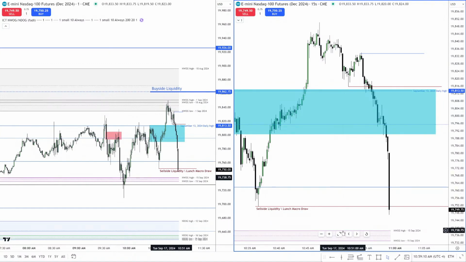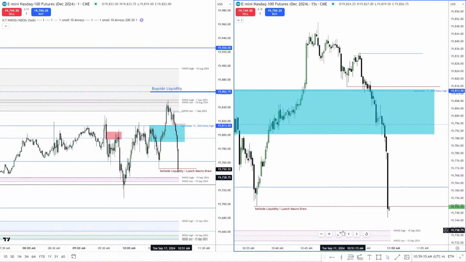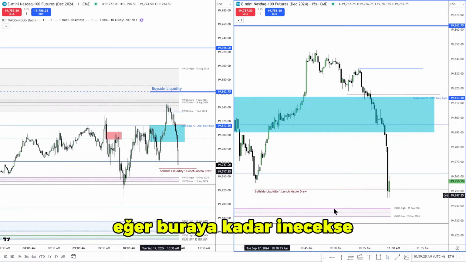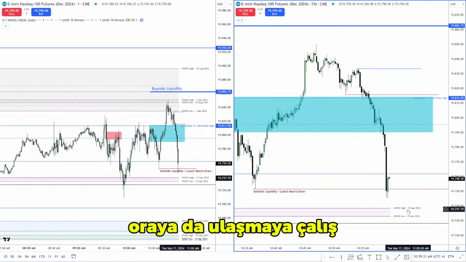There you go. And new week opening gap. If it's going to go below here, it's reasonable to see it try to reach into that as well.